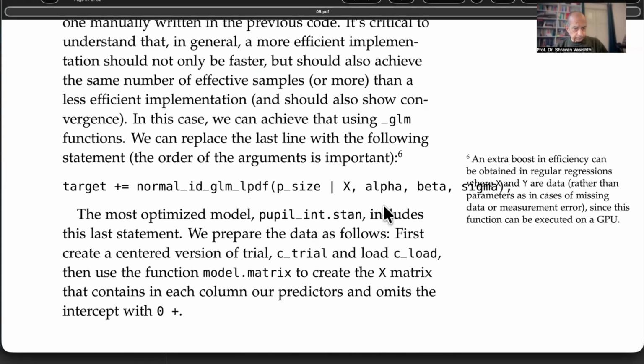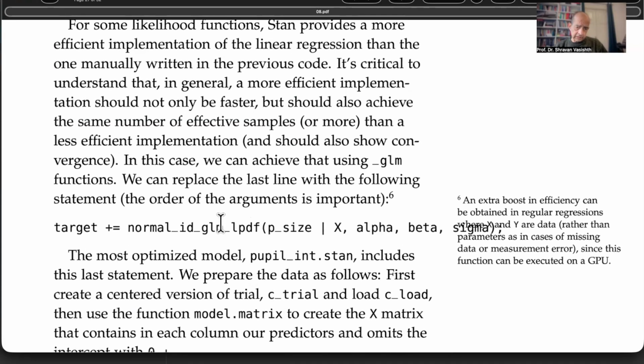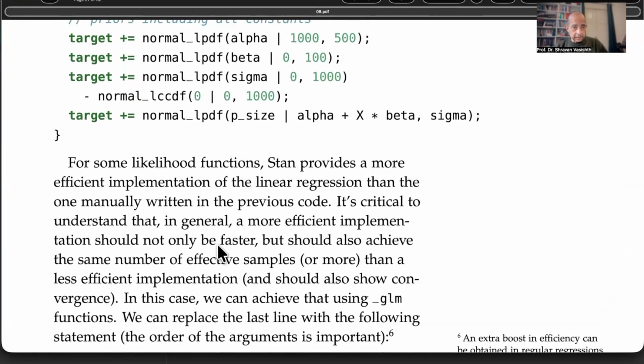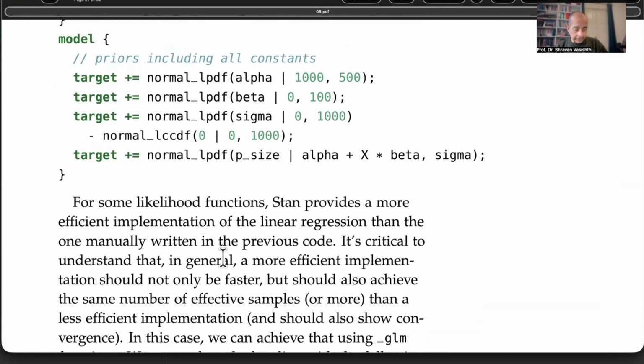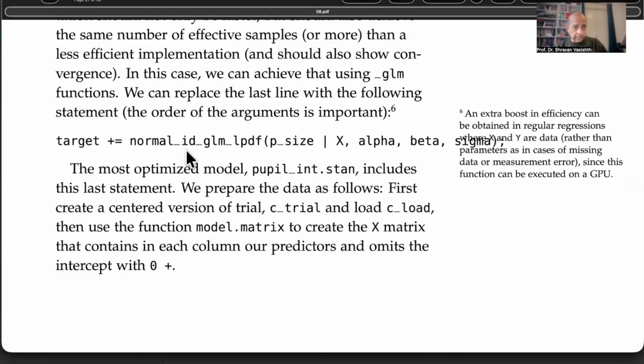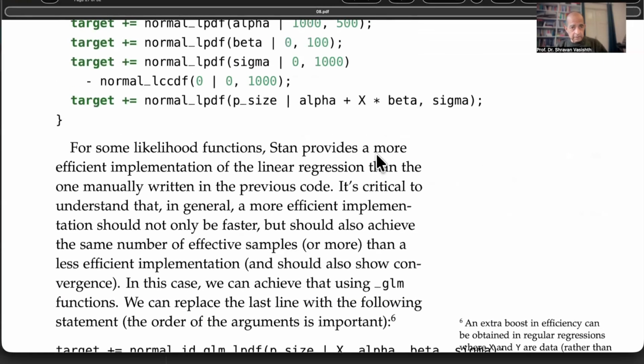So there is actually a built-in function in Stan that makes all this even more compact. Instead of normal LPDF, you can write normal ID GLM LPDF, and then pupil size as a function of all the inputs, not the parameters, that go into this function here. So this will do the same thing as this here.